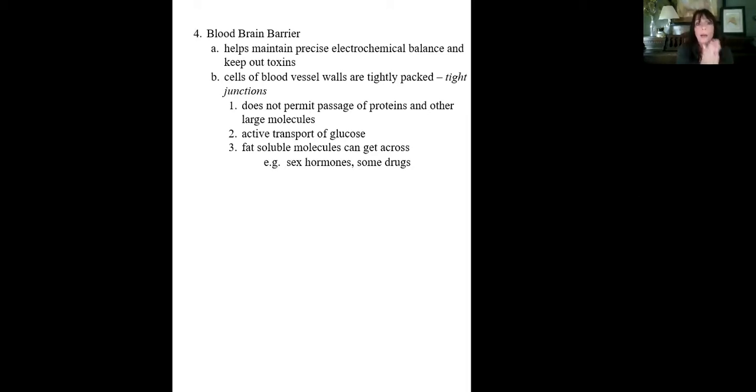And when we talk about some of the things like treatment for schizophrenia, we're going to talk about that, or I should say treatment for Parkinson's. That's a better selection. There's reasons why we can't use certain neurotransmitters and just inject them and expect them to go into our brain where we might want them.